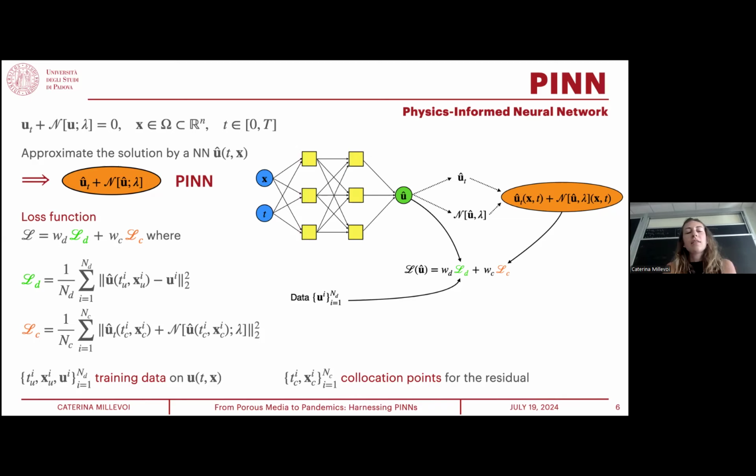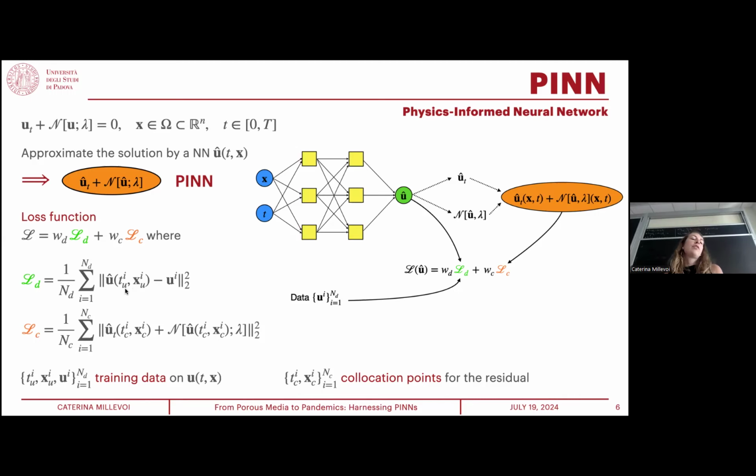How is it done? PINNs contain an extra term in the loss function. They usually have the common term, here highlighted in green, which imposes data fitting, but also another term which imposes the minimization of the residual of the governing PDE.